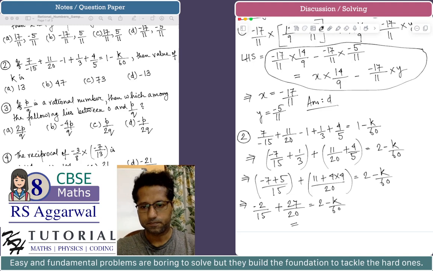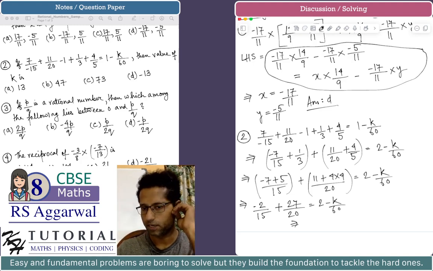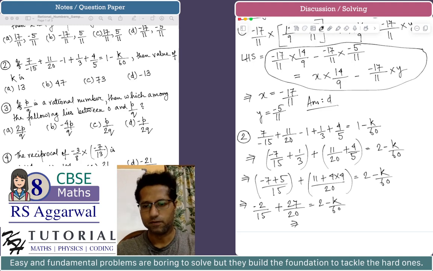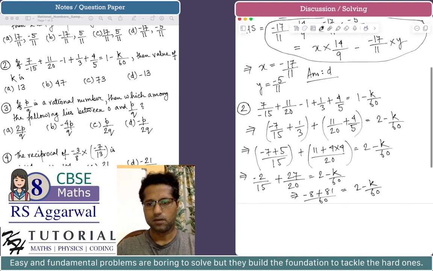So this implies, we have to simplify minus 2 by 15 and add 27 by 20. The LCM of 15 and 20 is 60. So this will be minus 8 plus 81 divided by 60 is equal to 2 minus k by 60.